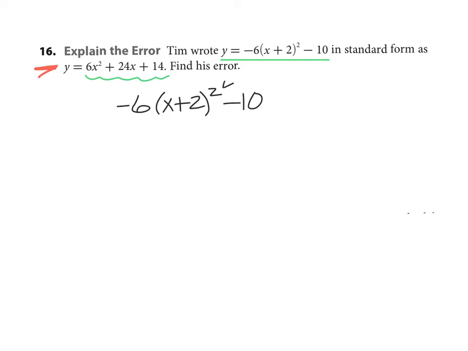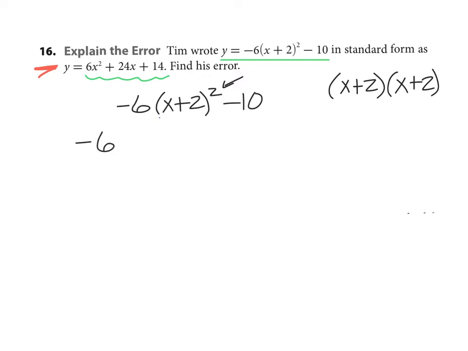So in this case, I'm going to square. Now, how do you square? There are a couple ways you can do it. You can do the shortcut, which I'm going to do here in just a second. Or remember, if something is squared, that means it's multiplied twice. So you could do it like this, and then you could choose to do FOIL or distributive property. What I'm going to do is the shortcut method.